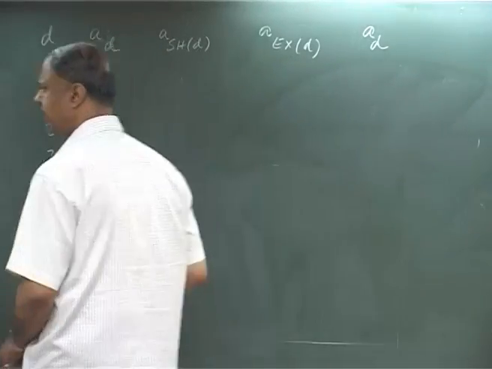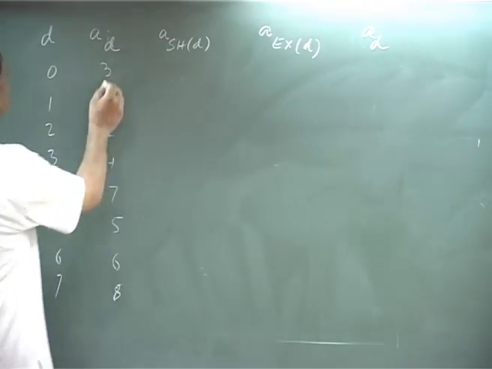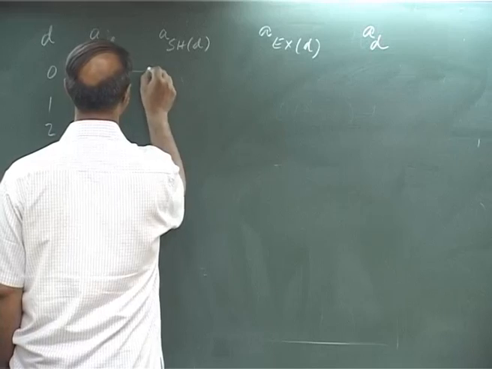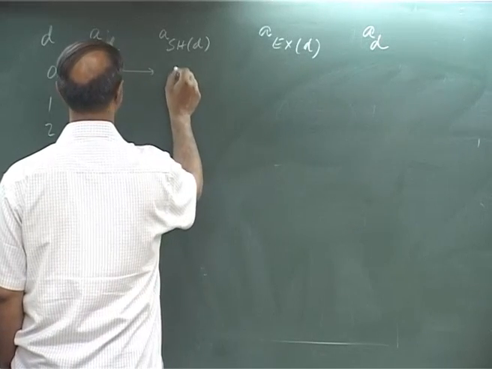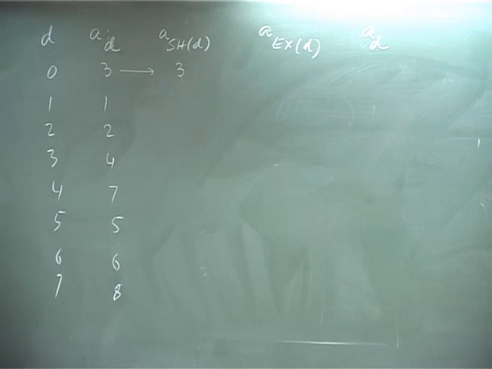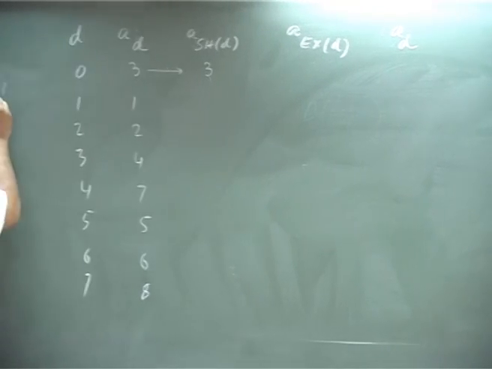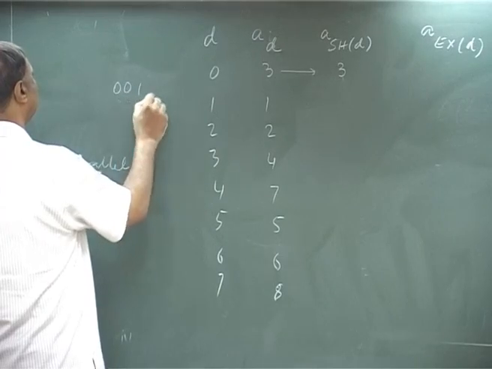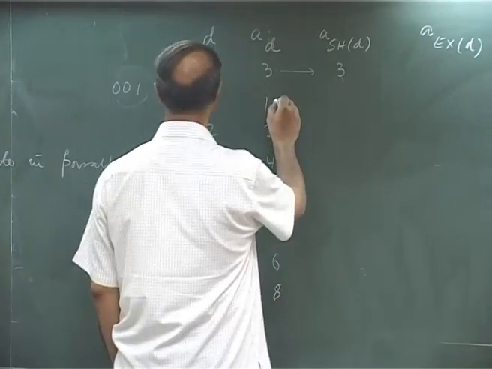A shuffle D is nothing but shuffle of 0 is 0, so it stays here. Shuffle of 1 moves to 2.